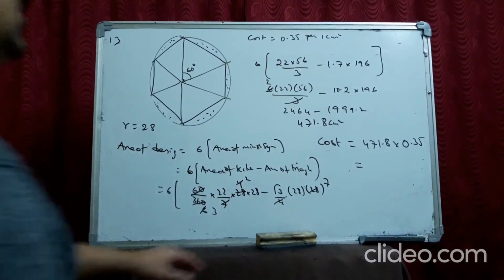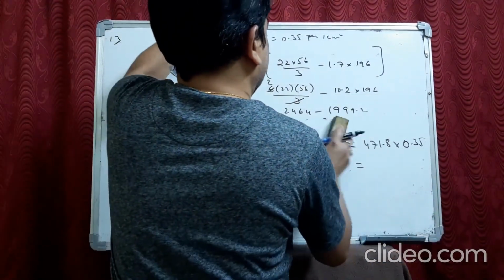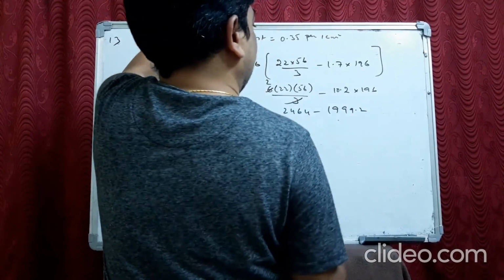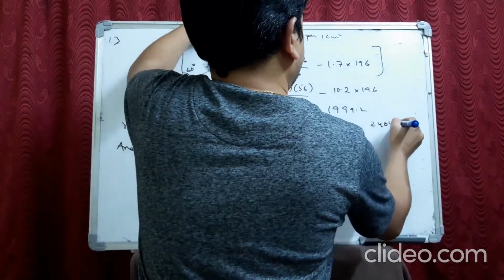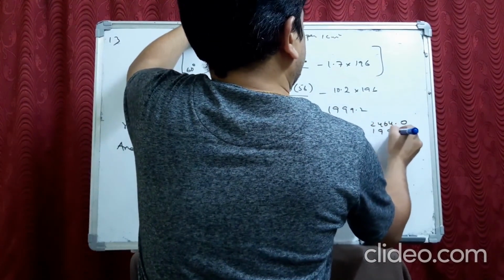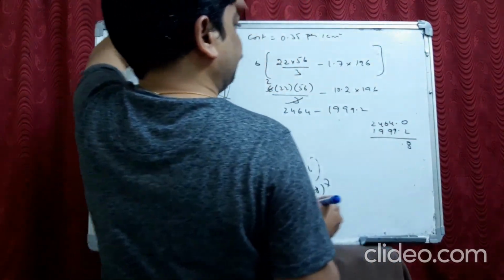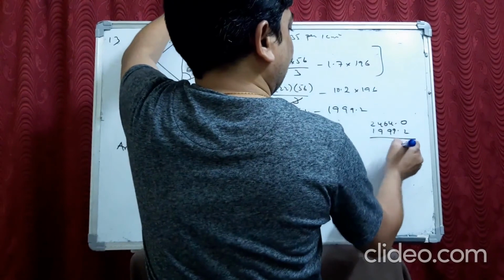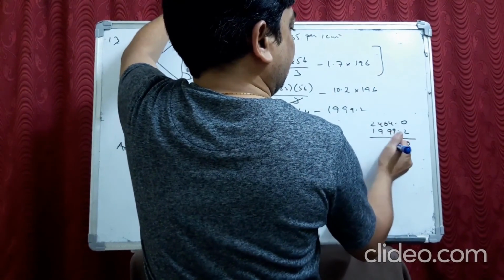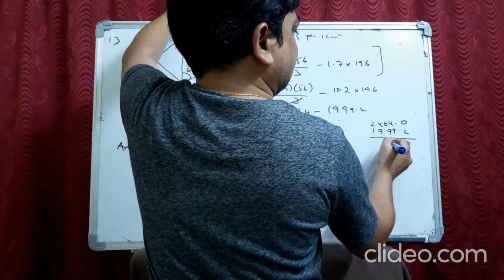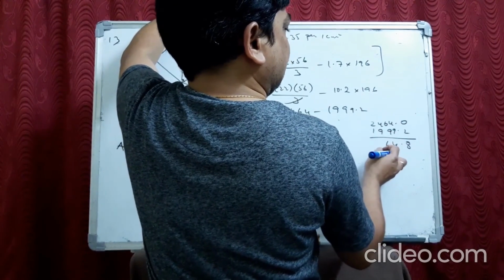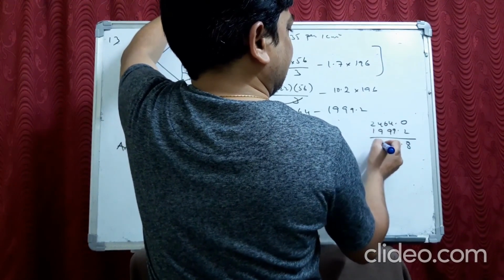Here the subtraction has become wrong, I think. 2464 minus 199.28, 15 minus 9 is 6, 13 minus 9 again 4.